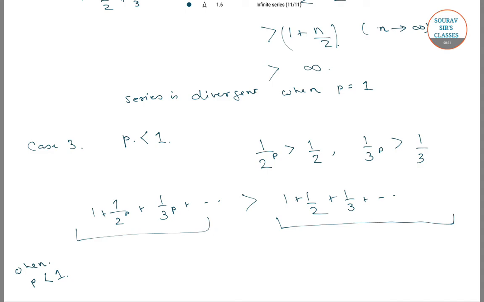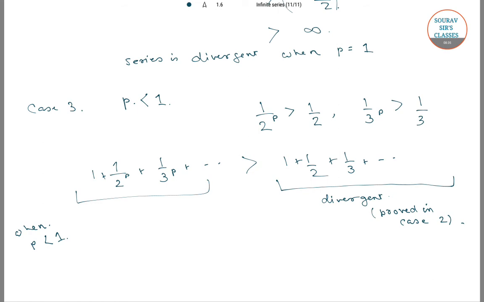Hence, the given series is divergent when p is less than 1. That is, 1 plus 1 by 2 raised to the power p plus 1 by 3 raised to the power p plus so on is divergent when p is less than 1.